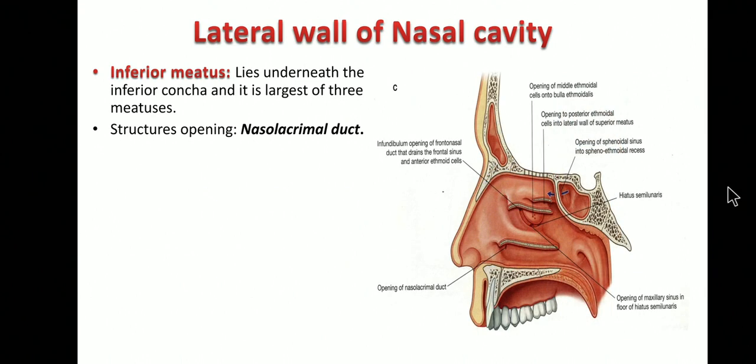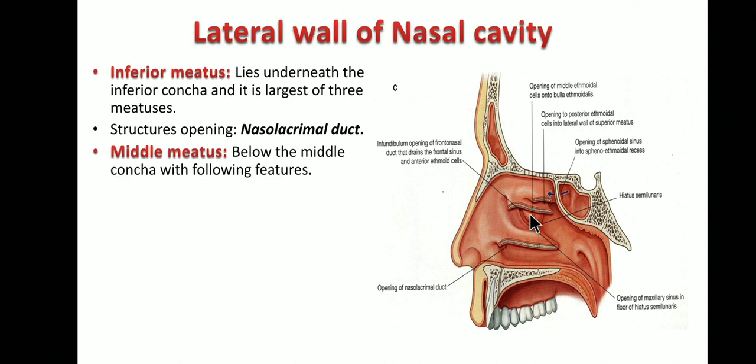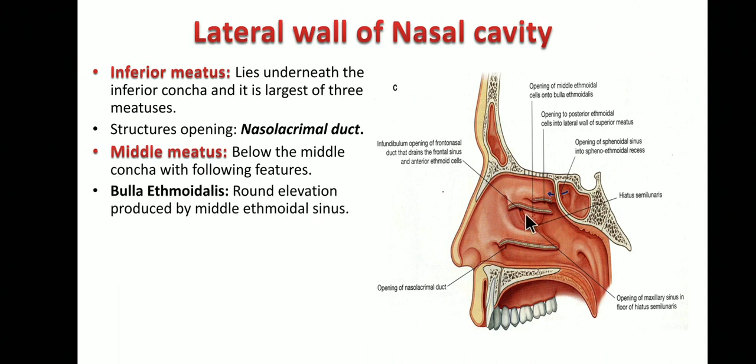Next, the middle meatus. Below the middle nasal concha, what you see is the middle meatus. In the middle meatus, mainly you see a bony projection, a bulging, which is called the bulla ethmoidalis. The bulla ethmoidalis is a round elevation, and that elevation is mainly formed by the middle ethmoidal sinus.